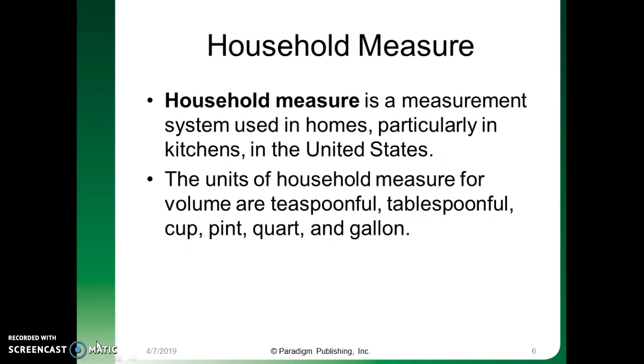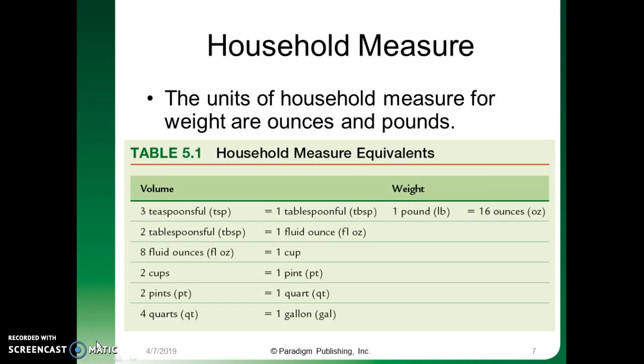So household measurements are basically the measurements we use in our house whenever we're baking or mixing anything and following recipes in a recipe book. So those are just the measurements we use day to day. The units of household measures for weights are ounces and pounds. Table 5.1 states the conversion between each.